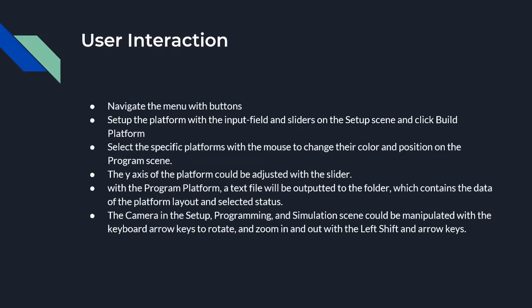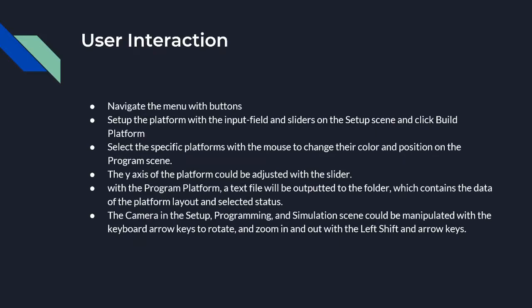In the program scene, we can select specific nodes and we can change its height, but we have already specified the range of the y-axis. So if we have specified it to be 1, then we cannot change the height of the node above 1.